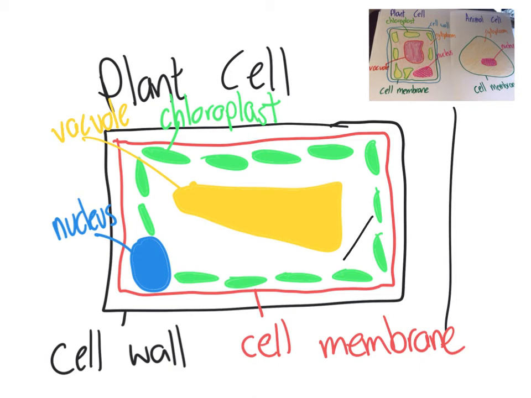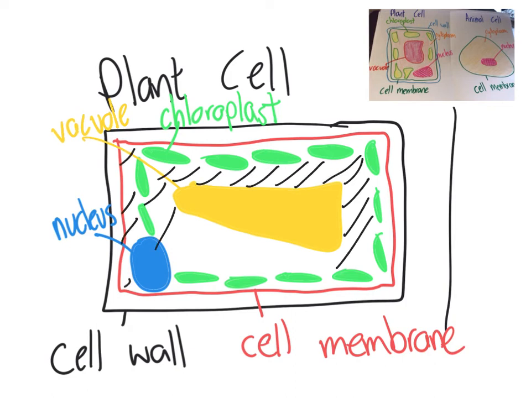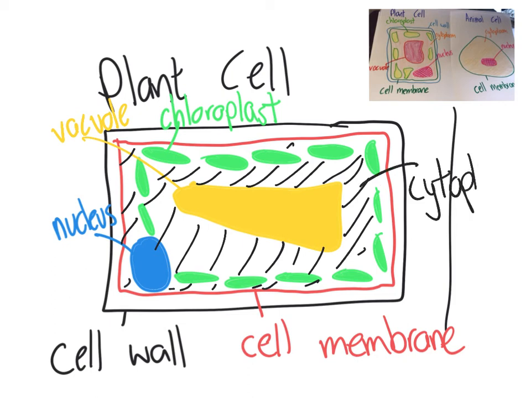But all this in here, I'm going to do it slightly dashed. That is known as the cytoplasm. And that is a jelly-like substance where chemical reactions occur. That is the cytoplasm. And that is our plant cell.